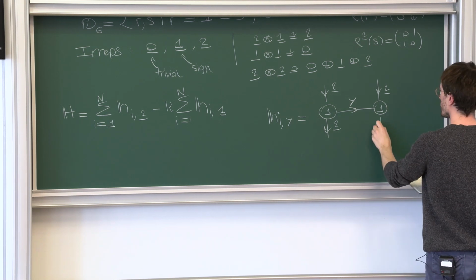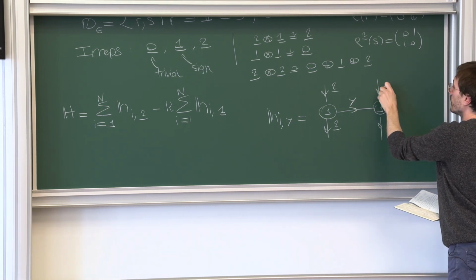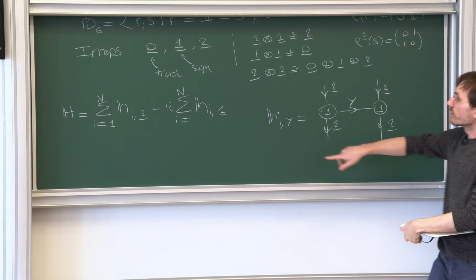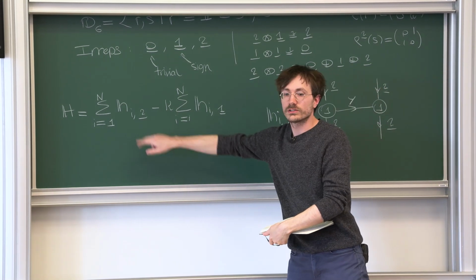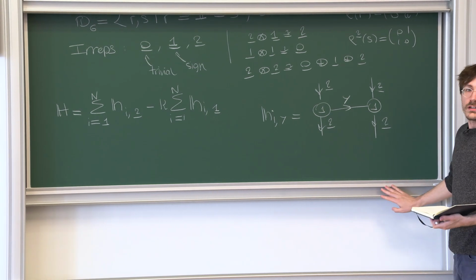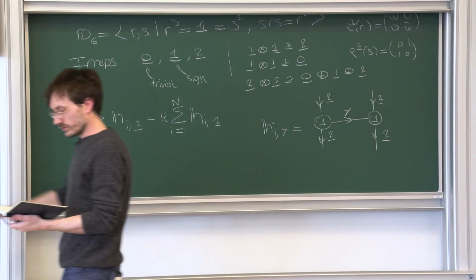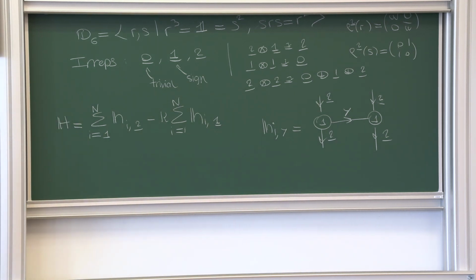So it's quite simple in this way. Okay. So it's everywhere the 2-dimensional representation, and y can be either the sign representation or the 2-dimensional one. That's all. So it's a fairly simple Hamiltonian to define. But now we're going to see how it actually looks once we choose a Hilbert space.